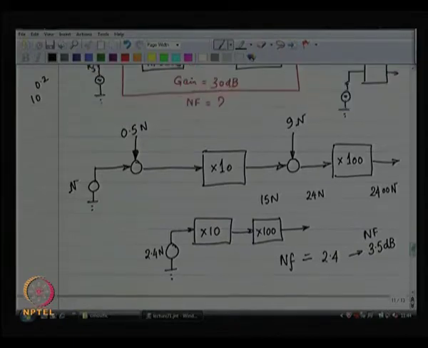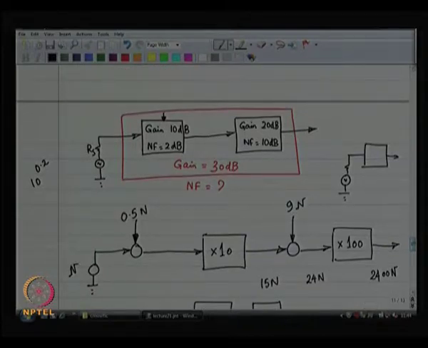So, this whole thing will have a noise factor of 2.4.